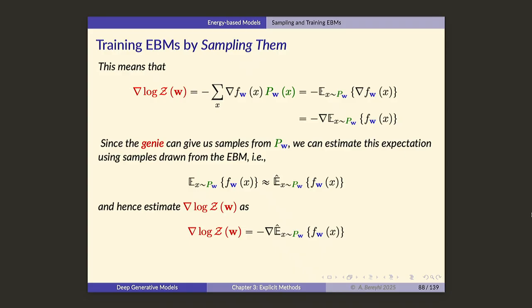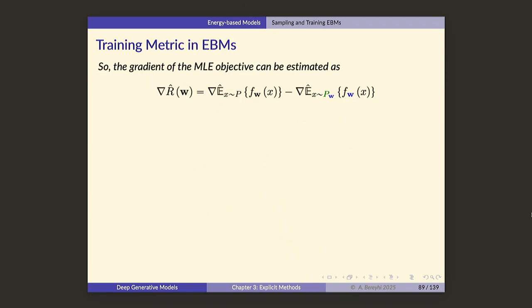Now, if I take this and put it inside the risk function that we initially started with, the gradient of the risk function is going to be the first gradient, which we talked about before, minus the gradient of the expectation of the same function, this time over the model distribution. So you have the same energy function.